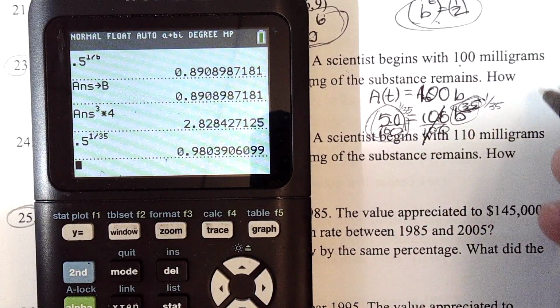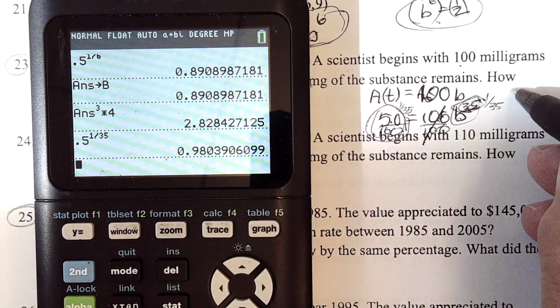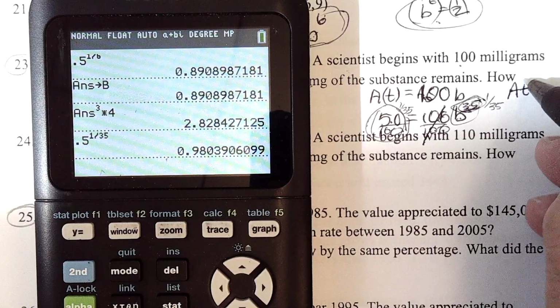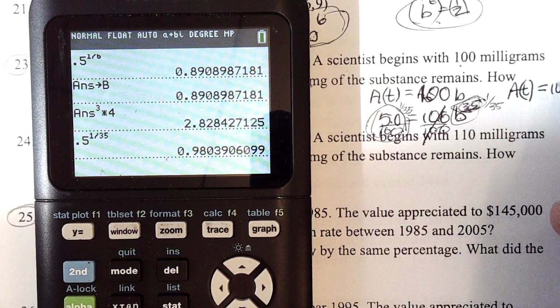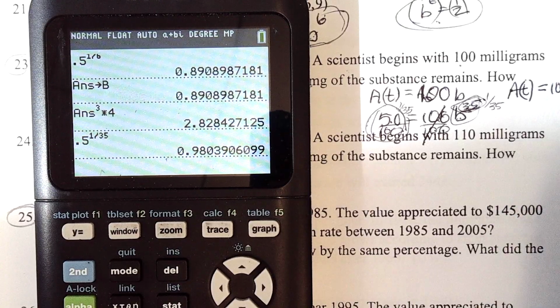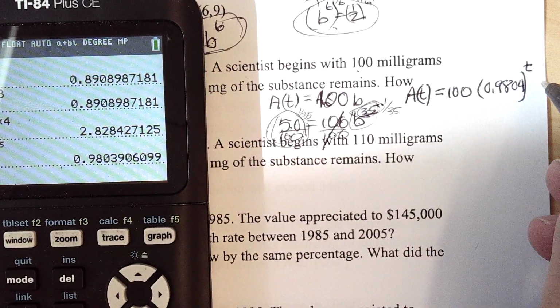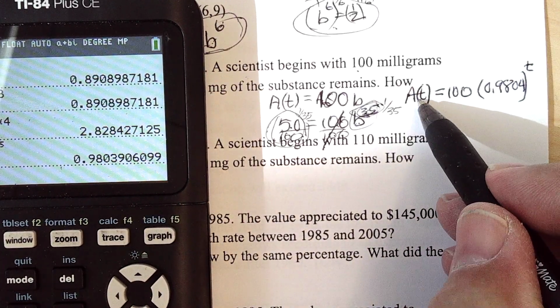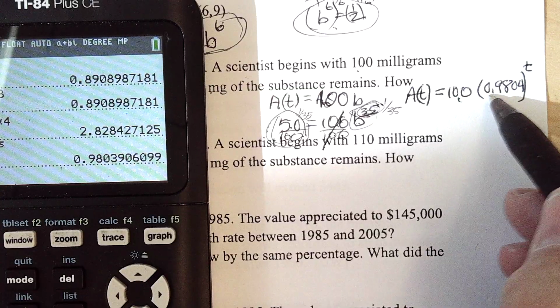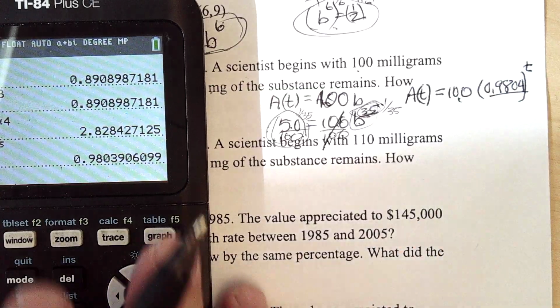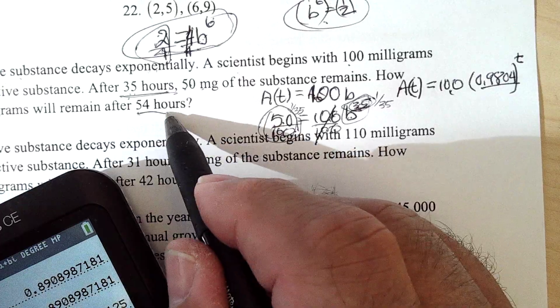So the exponential model for this is going to be the amount after some time is the starting amount, 100, times 0.9804 to the t. T for how much time. The amount after some time is the starting amount, that base to the T. So how much will be there after 54 hours?